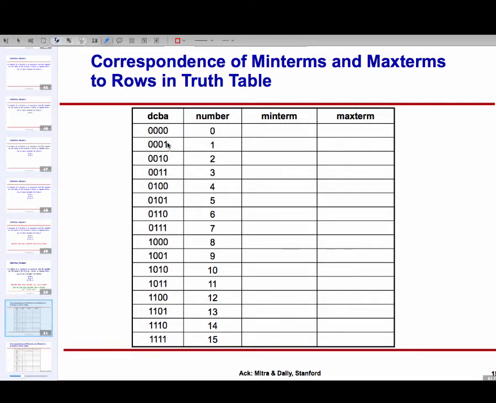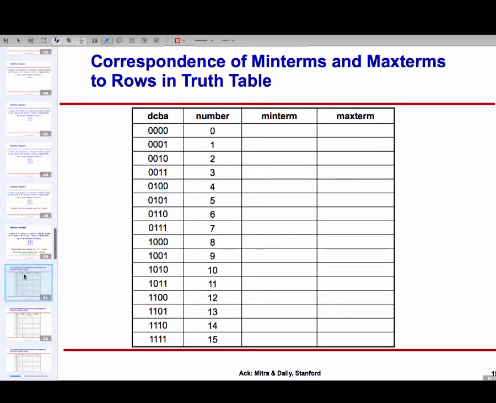I have 4 inputs, so I have 16 possible values. So I have 16 rows out here. And I can list them by looking at this binary number. So 0, 0, 0, 0 is binary 0, 0, 0, 0, 1 is 1, and so on and so forth. 1, 1, 1, 1 is the number 15. Or they're just the row numbers, 0 through 15.